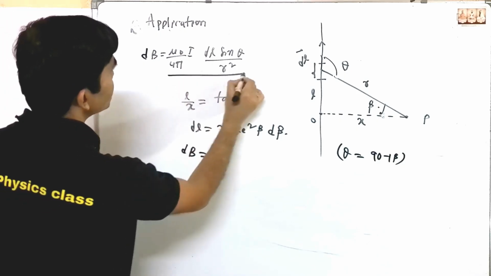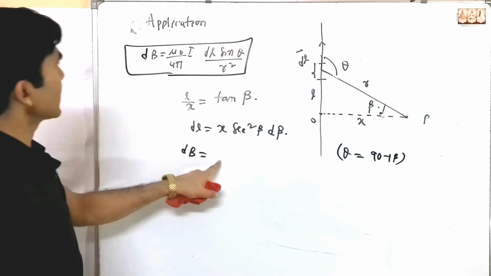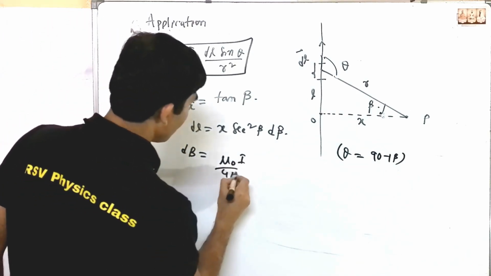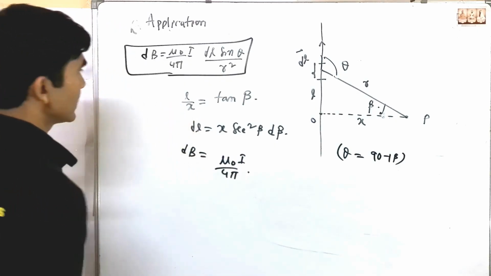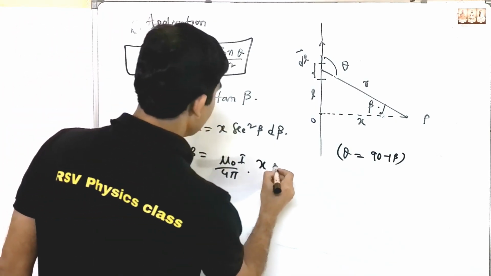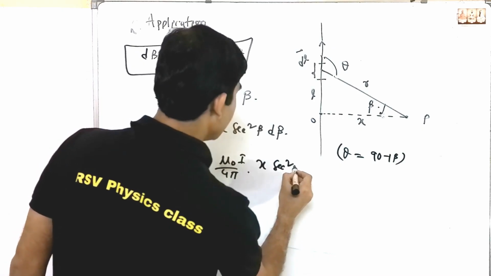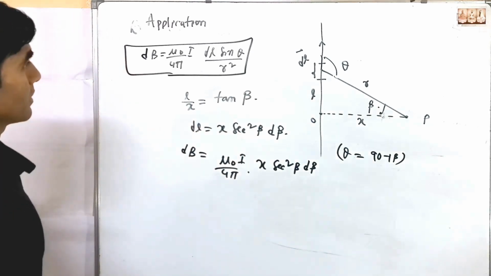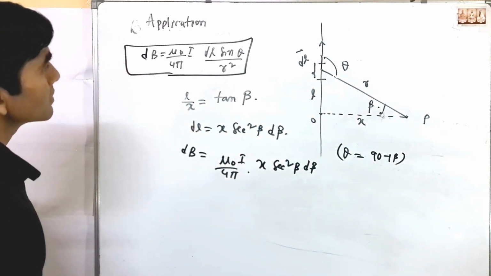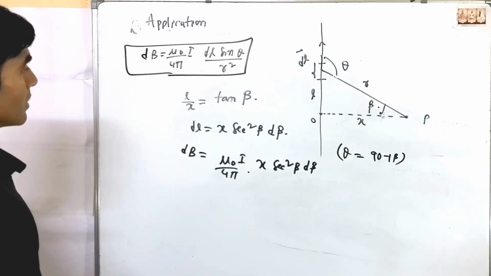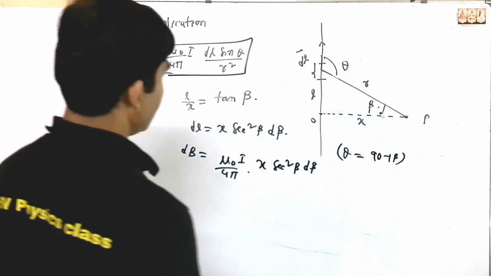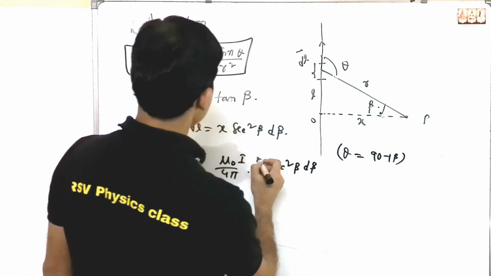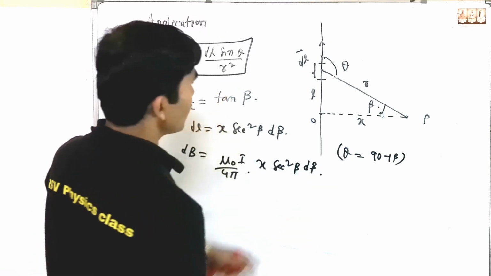So dB equals how much? mu 0 I over 4 pi, and dl is x sec square beta d beta, and r is... and sin theta is how much?